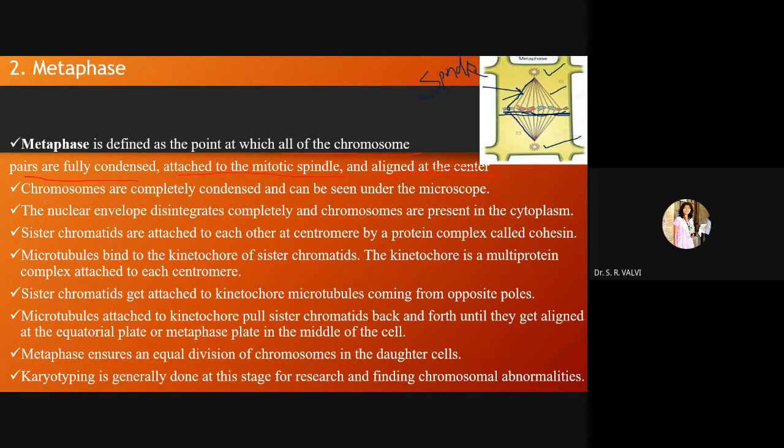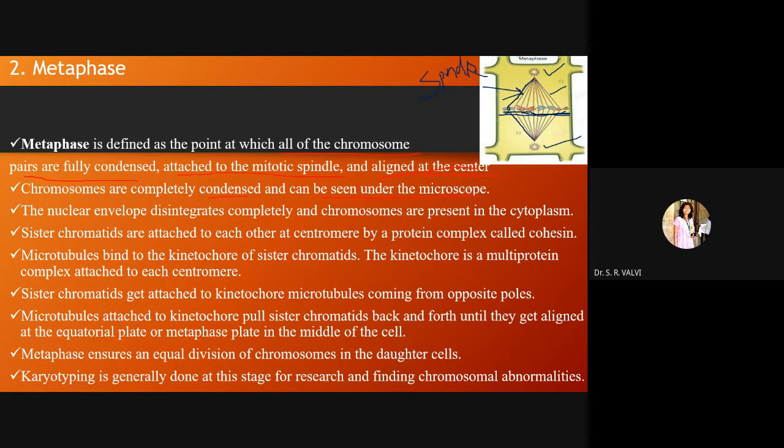Then come to the next point. Chromosomes are completely condensed and can be seen under the microscope. Every time we conduct this practical in our laboratory, but due to corona now, it is very unfortunate that we cannot conduct it offline. But believe me, we always take onion root tip to show you all these phases.